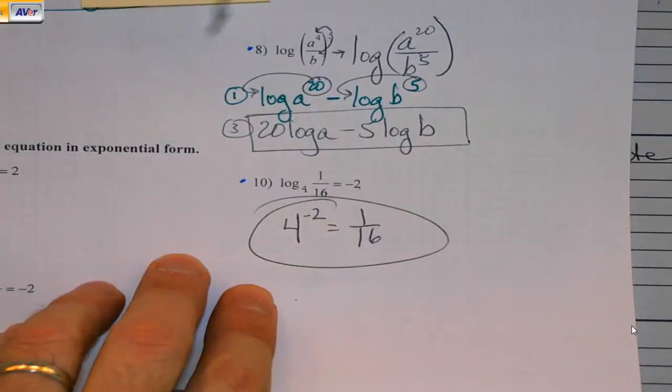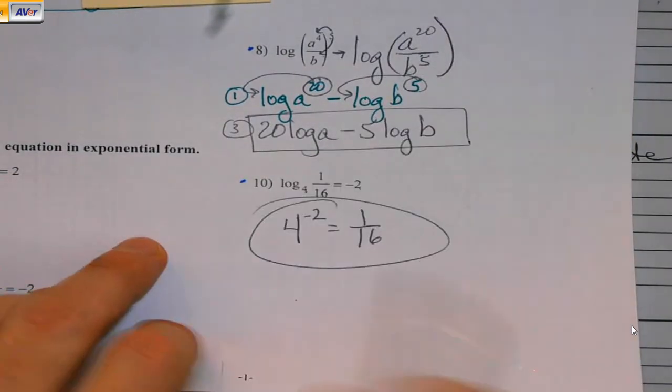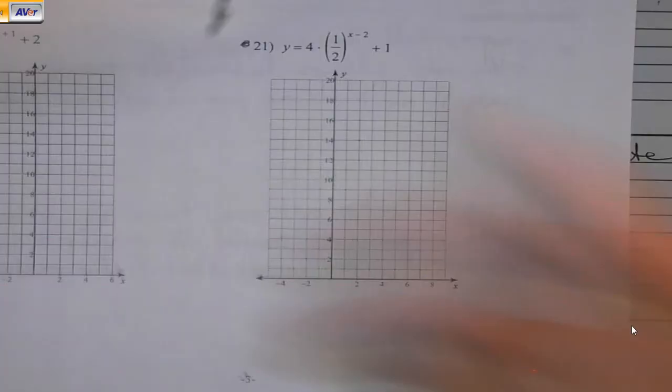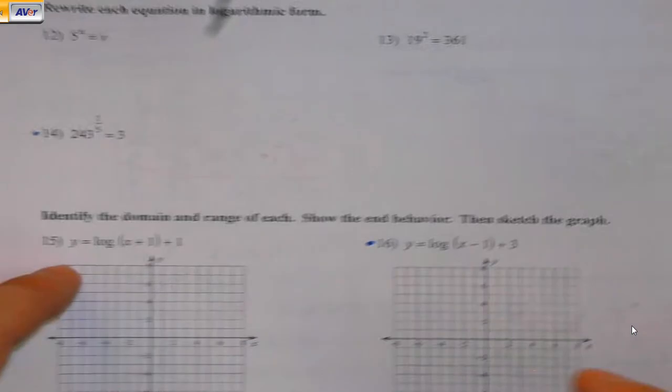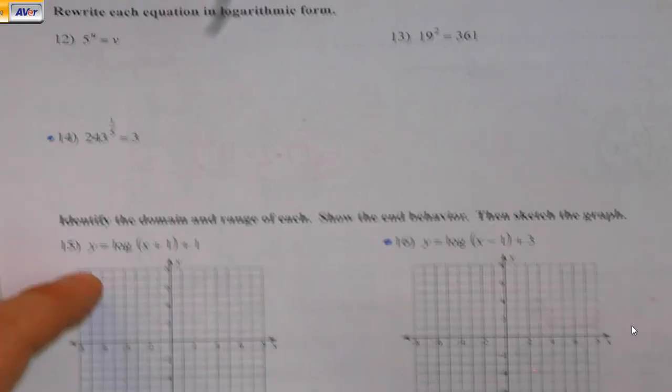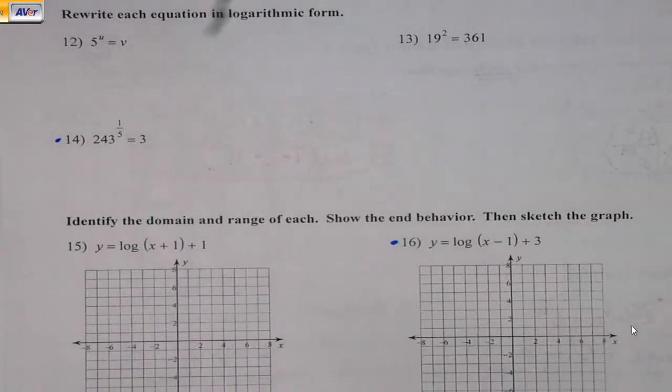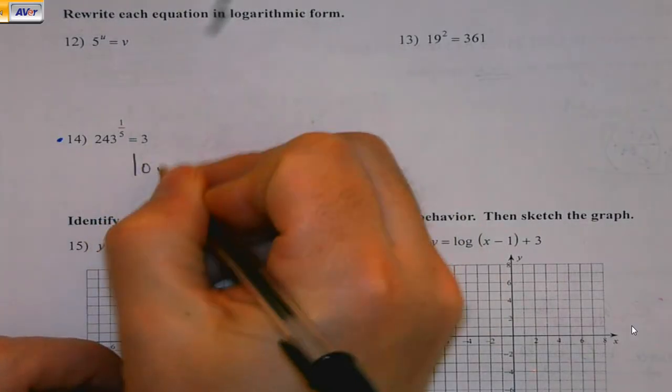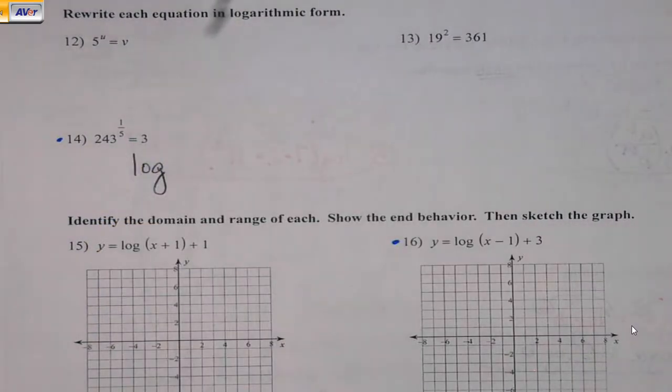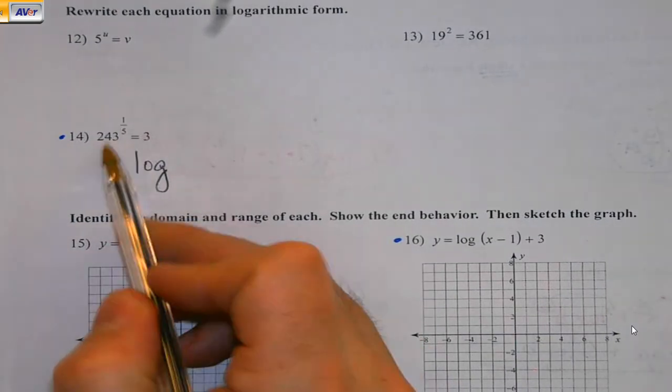Now, we're going to want to kind of stay on flip, because when we get to the next part, it's just the opposite of what we were just doing. Okay, rewrite in log form. So I think for a minute back to what I was just doing. I go, okay, we said that was the base.